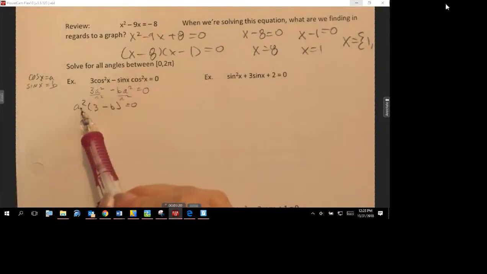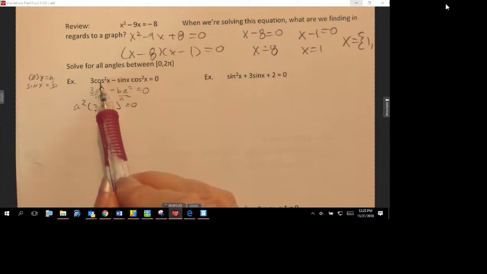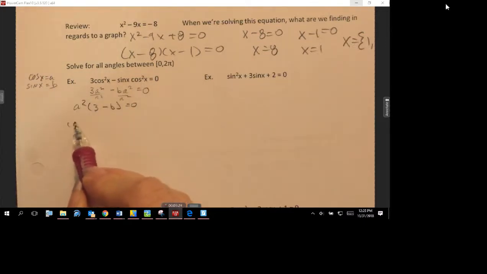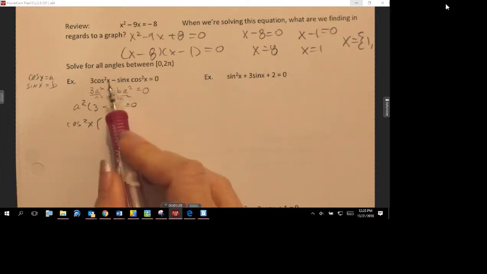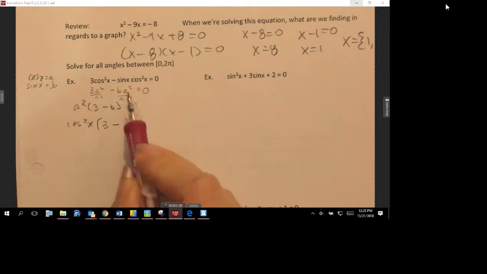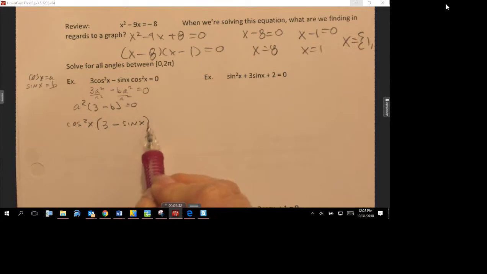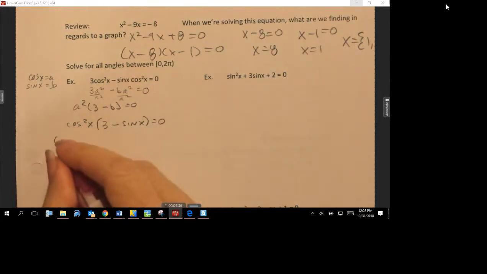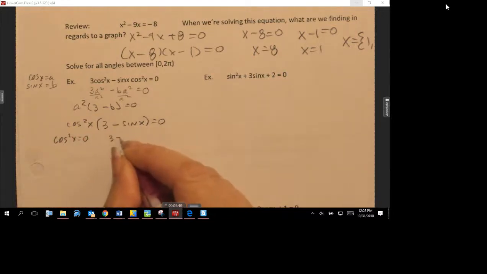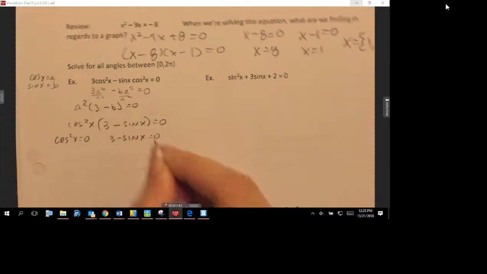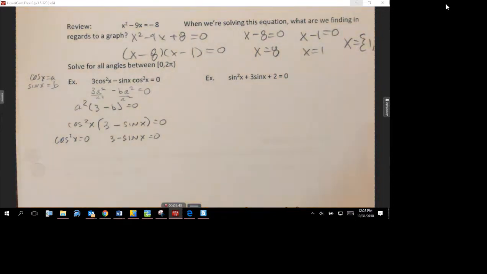We're not going to factor out A squared. What are we factoring out? Cosine squared. So we'll have cosine squared x, parentheses, then we have left over 3 minus sine x. So once it is factored, now we set each factor equal to 0, and we're going to solve for each factor.